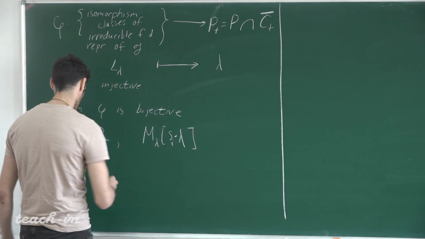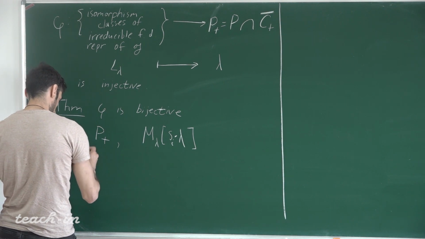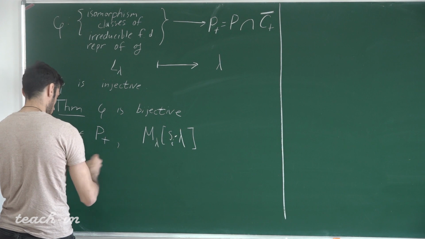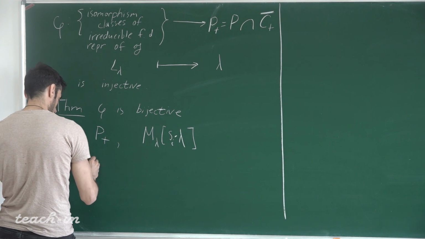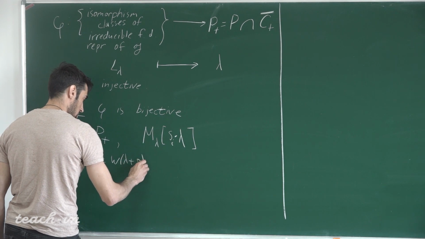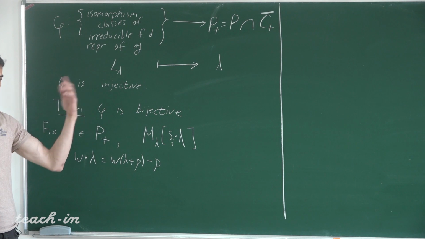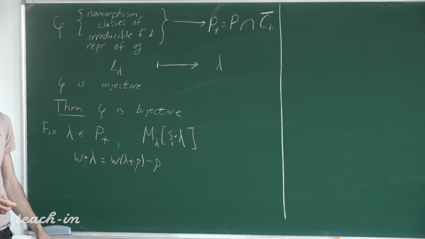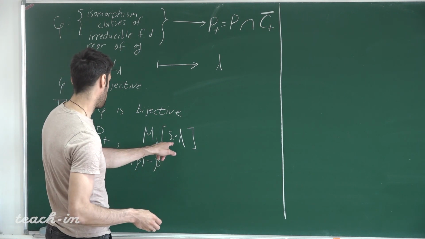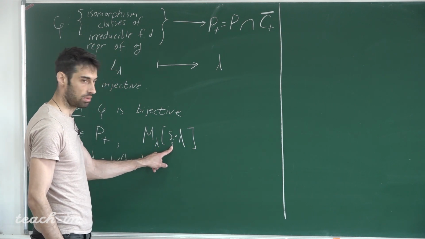Okay, so the shifted action is, let's recall, denoted by dot. It's w of lambda plus rho minus rho, where this is just the usual action with these reflections and stuff. And s_i here are simple reflections.